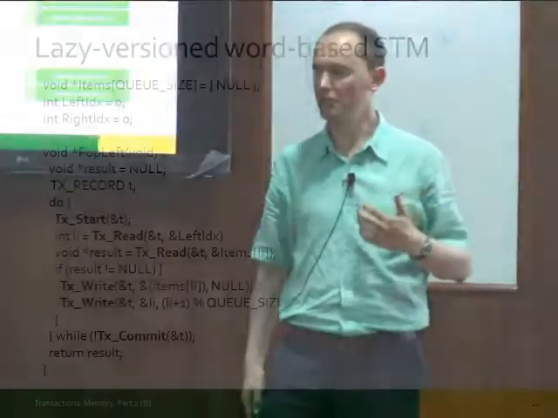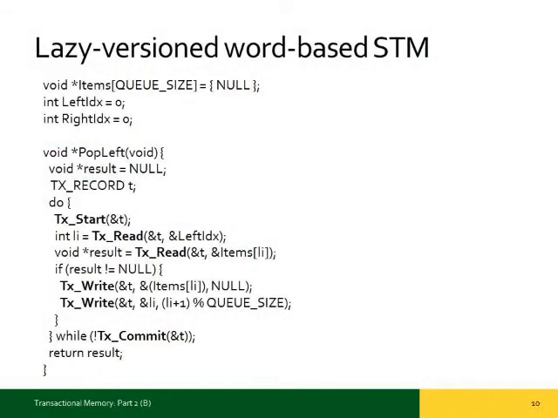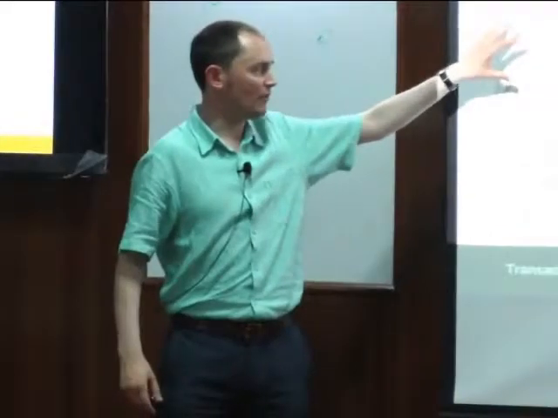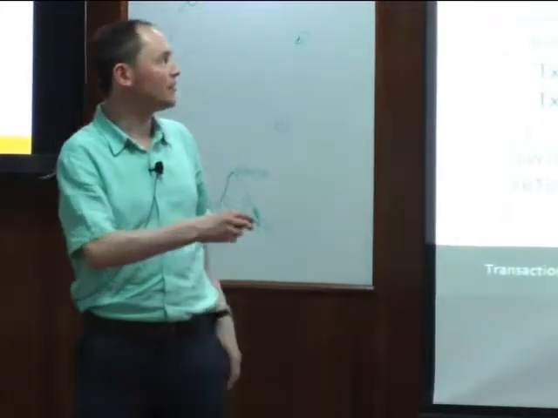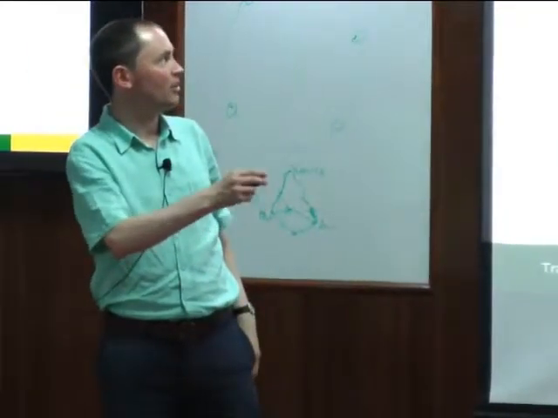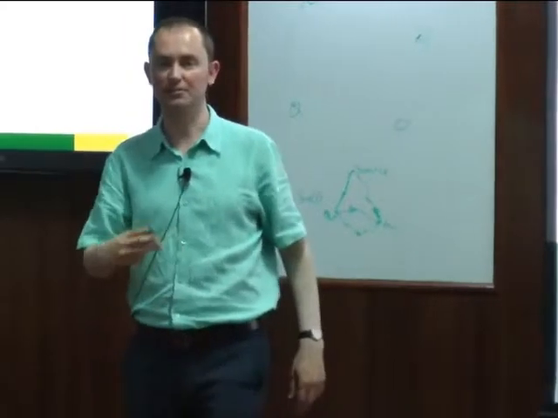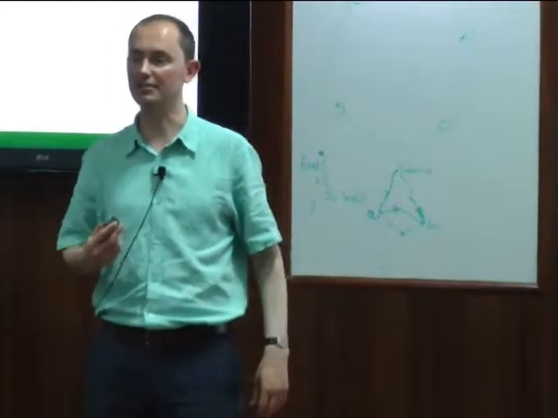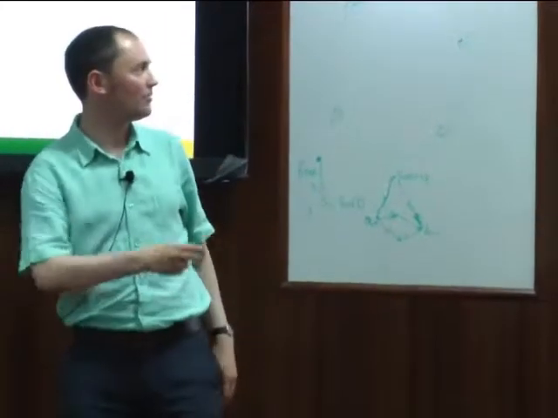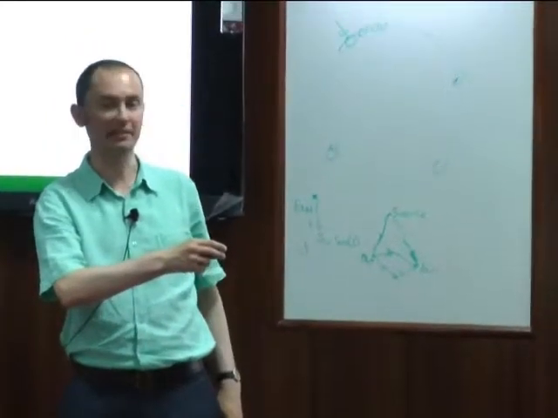Now, if we turn to look at the code that would be used in a traditional system with this word-based interface, it's something like this, probably quite similar to some of the compiler examples I had earlier, in that we've got a loop here that's running within the pop left function, attempting to make a single atomic update to the heap. We call a start transaction function at the beginning.